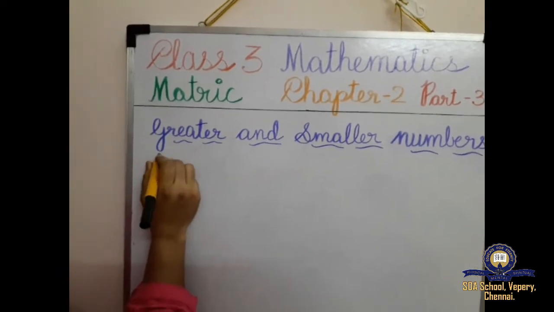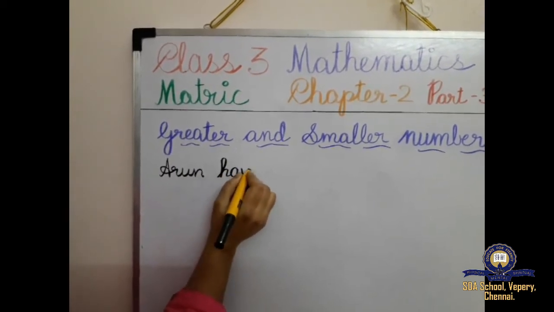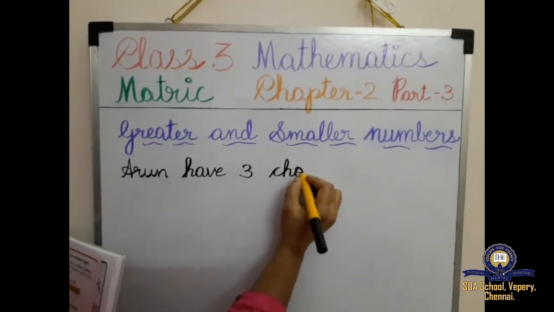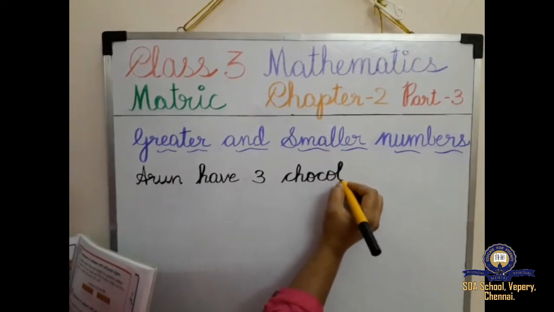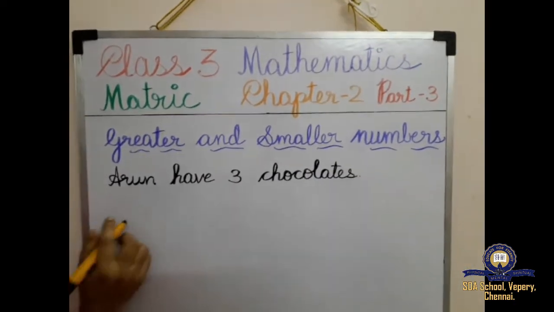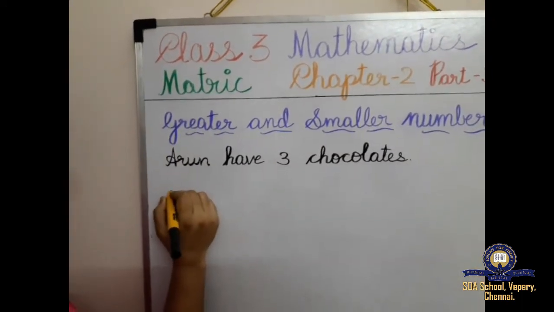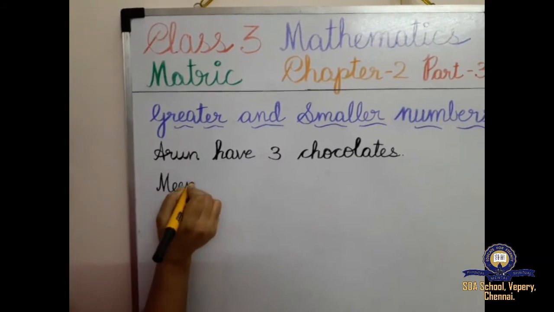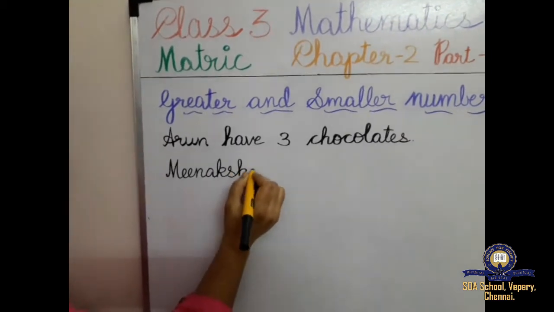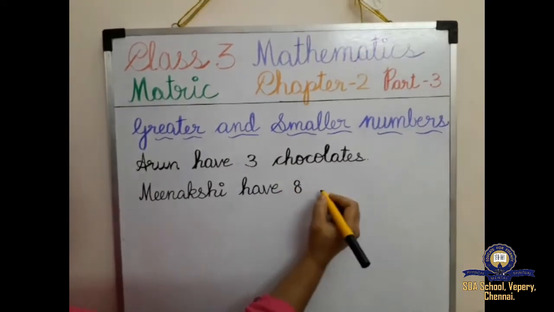For example, Arun had 3 chocolates and his sister Meenakshi had 8 chocolates.